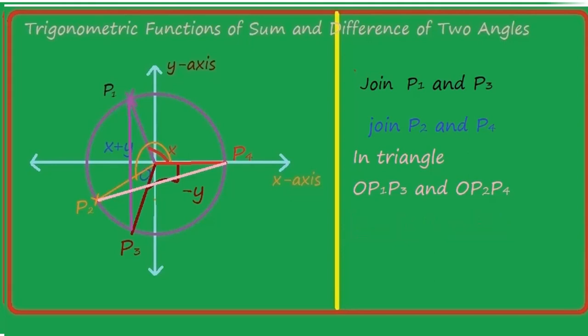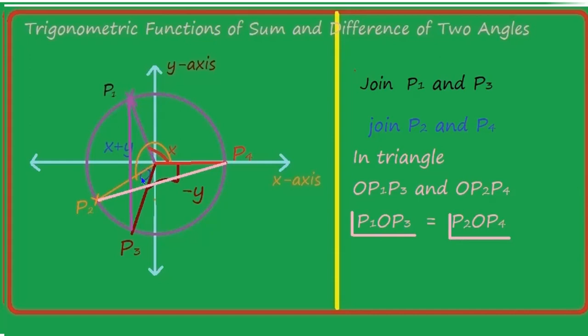And you observe in these two triangles, observation is very important here. What is angle P1OP3? Angle P1OP3, you can observe here, and this angle is y, because the total angle is x plus y.